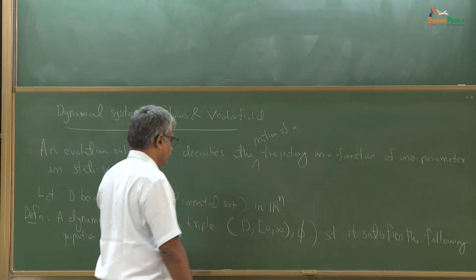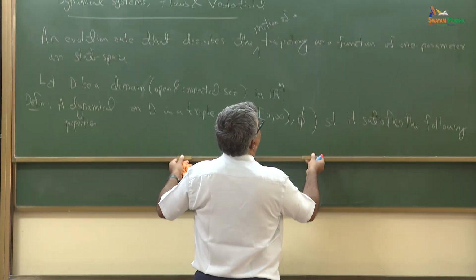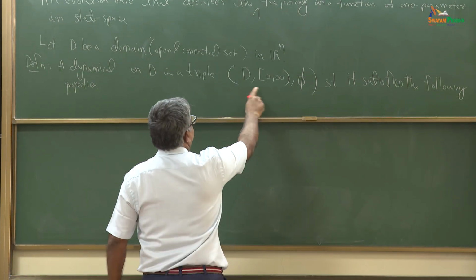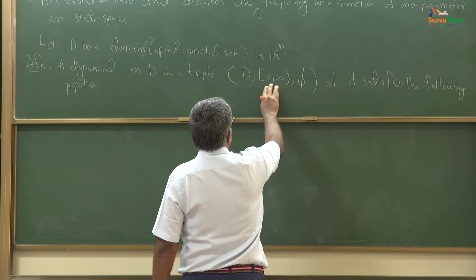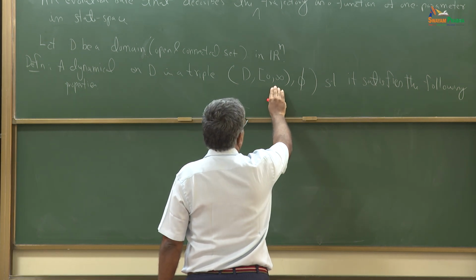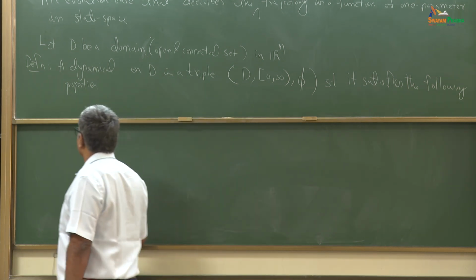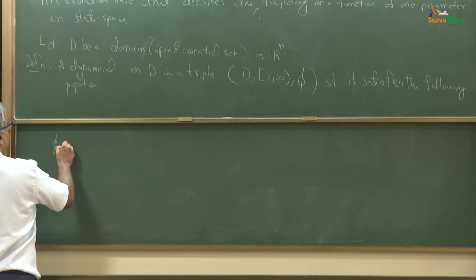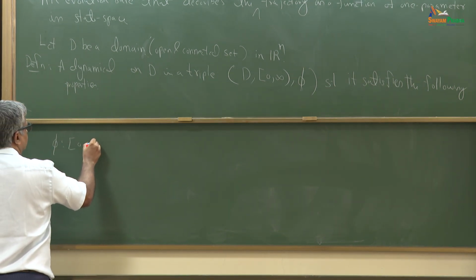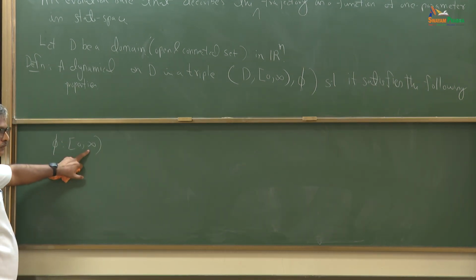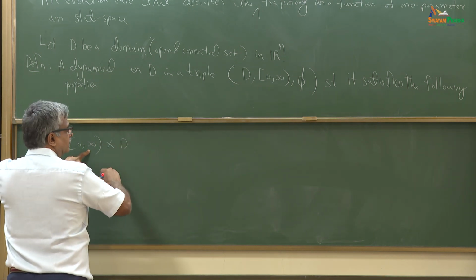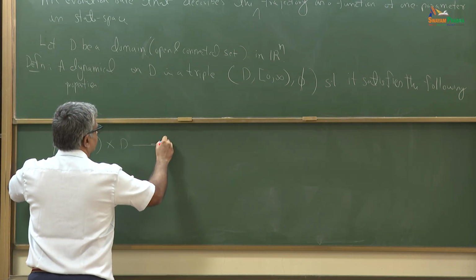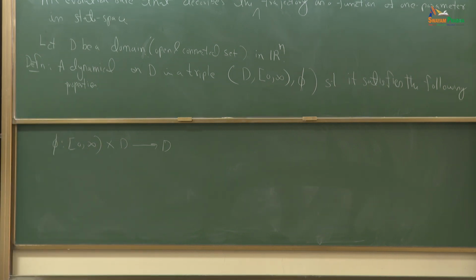So there are three things. There's a set here, which is a domain, and then there's a half interval, open interval, and then there's a map, right? So what is this map? It takes one element from this Cartesian D and gives you an element back in D, right?